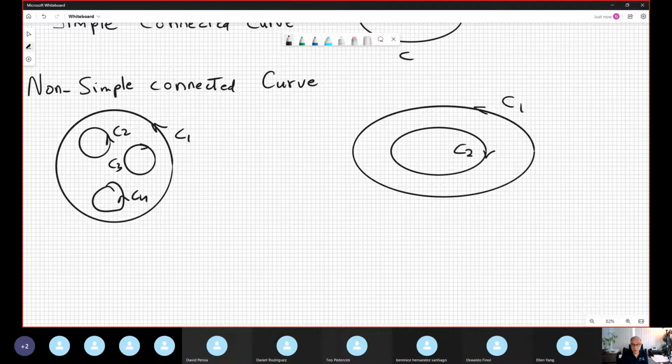Important: the curve outside is counterclockwise, and the other is clockwise. This is the idea to get the result perfectly using Green's theorem. And of course, the region that we are talking about is this region.